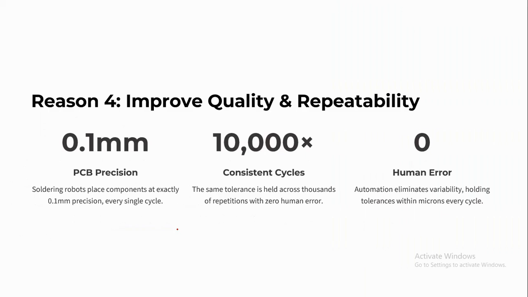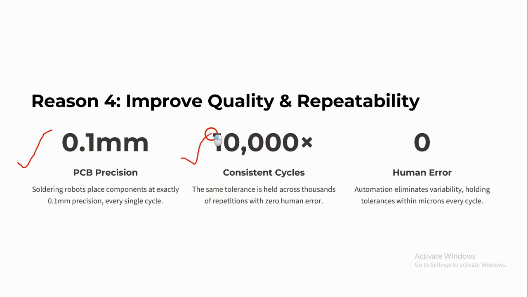Now the next one is that it can improve quality and repeatability. If you take a soldering robot, it places components at exactly 0.1 mm precision in every single cycle, which indicates the accuracy of the work. The same tolerance is held across thousands of repetitions with zero human error.